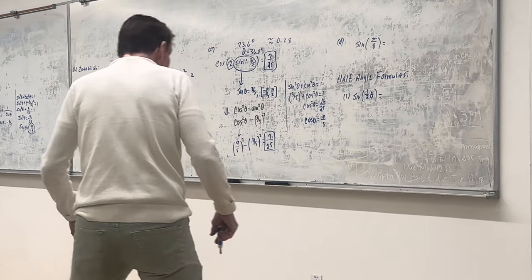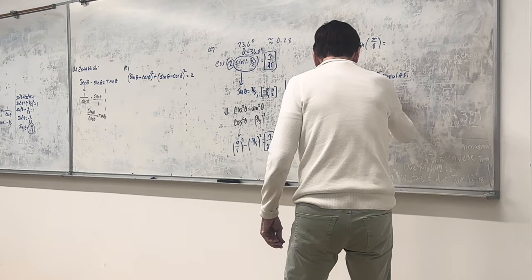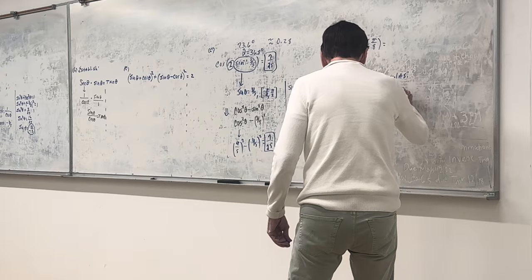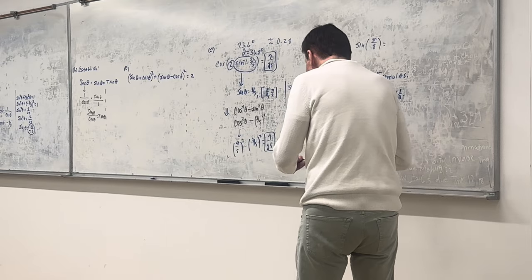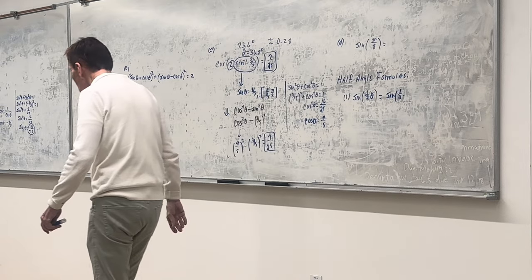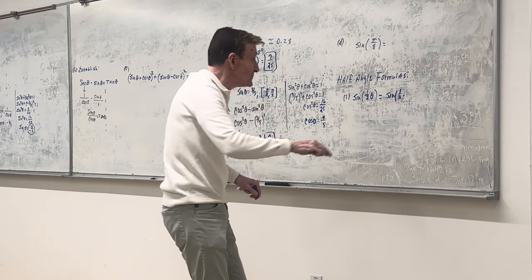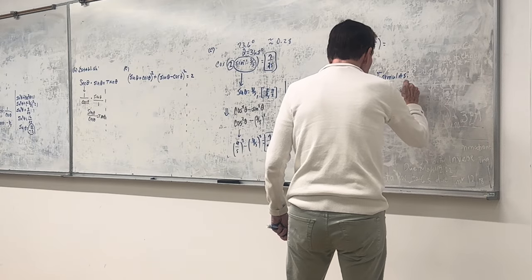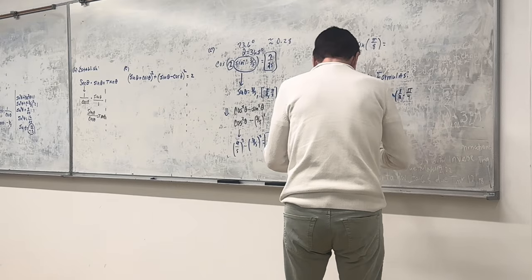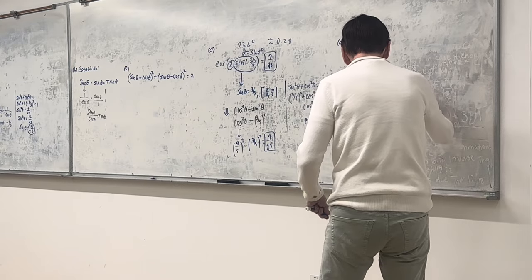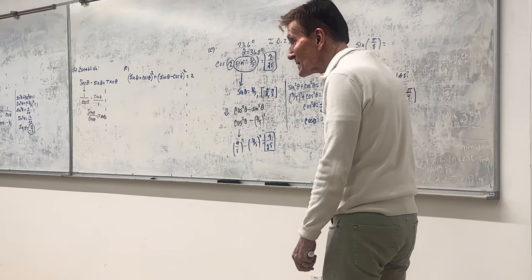So you're talking about sine of 1/2 of, let me write this in radians, 45 degrees, pi over 4. And when we see this, that definitely gives pi over 8. It's half of 45.